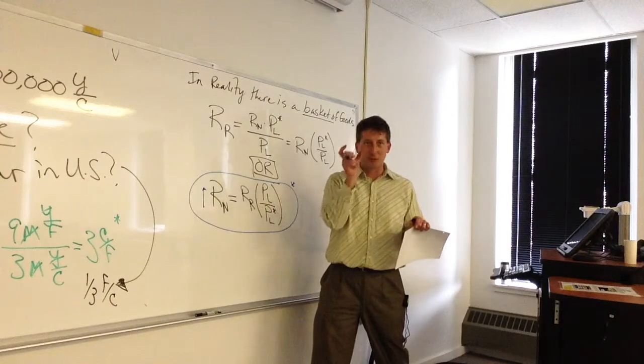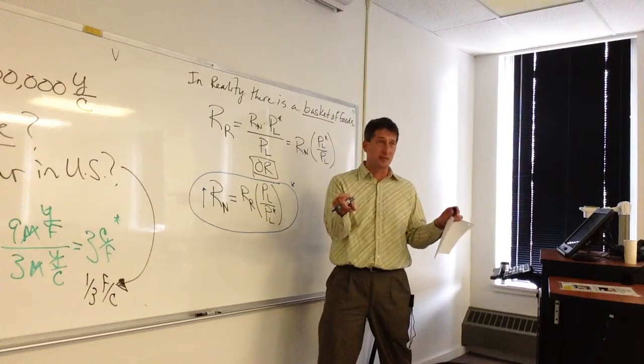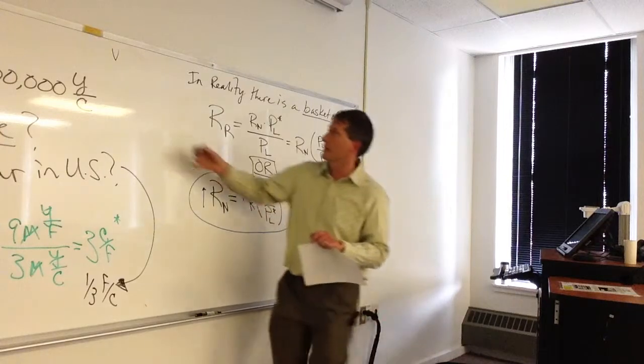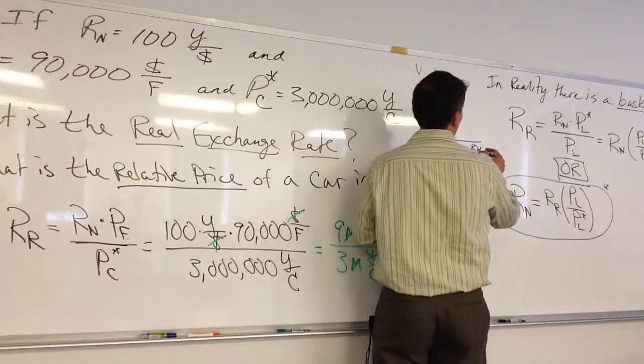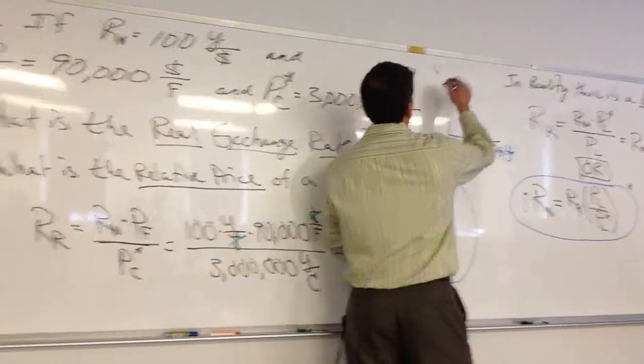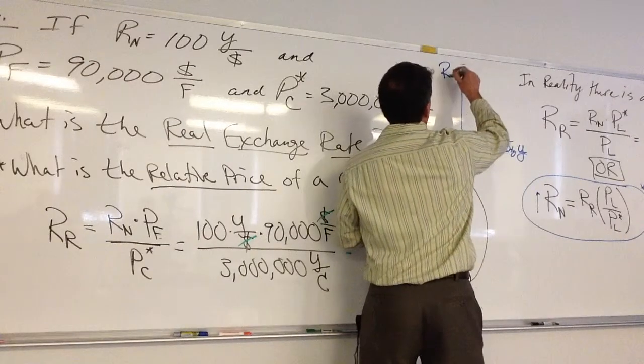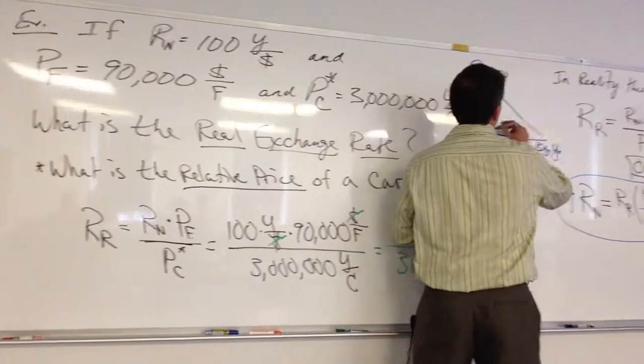Yeah. This is the mind twist, which is different, by the way, than your principles textbook. So remember when we did the graph, it's probably as good a time as any to refresh ourselves. We had the quantity of yuan, and we have the nominal exchange rate.